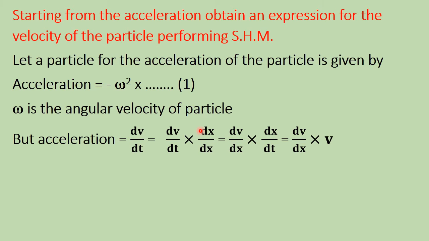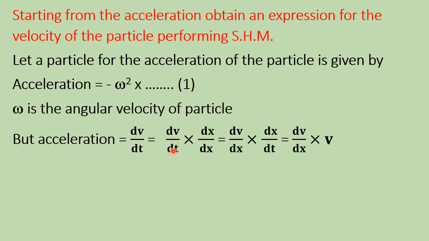Now, acceleration means the rate of change of velocity with respect to time. We multiply this dv upon dt by dx upon dx, multiplying numerator as well as denominator by dx so that the equation remains unchanged.